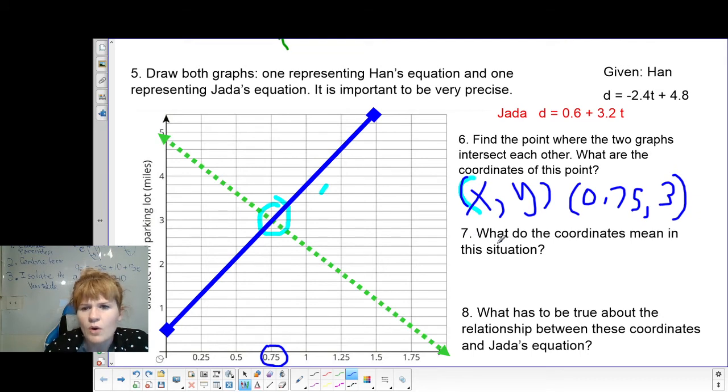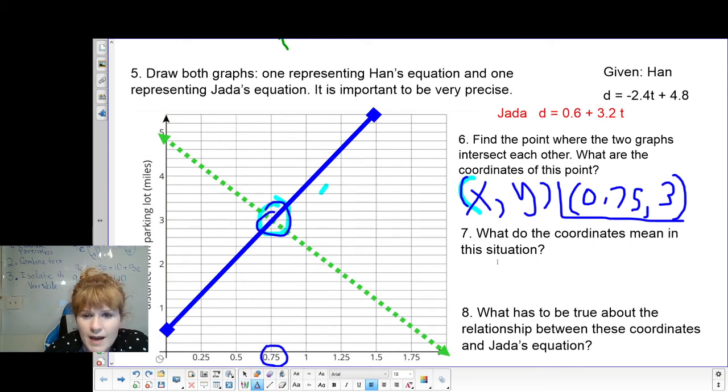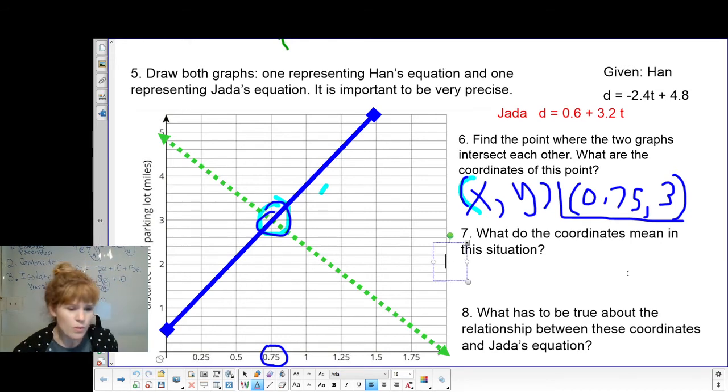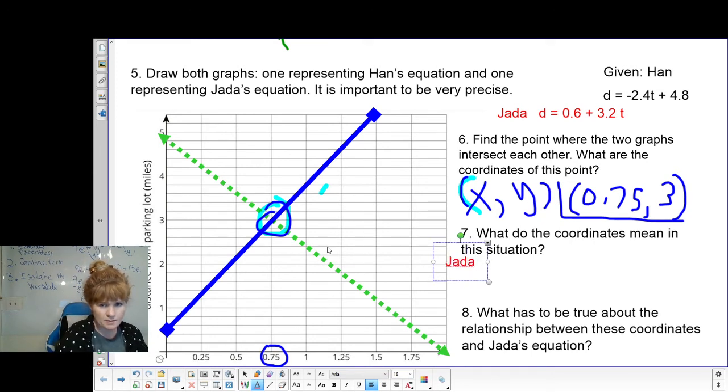Number 7, what do the coordinates mean in this situation? Okay, what do these coordinates mean? Well, when these lines cross, Jada and Han are at the same place at the same time. So that's like where they pass each other, right? Let me say that again. Where these lines cross, it means at that point, Jada and Han are both at the same place at the same time.